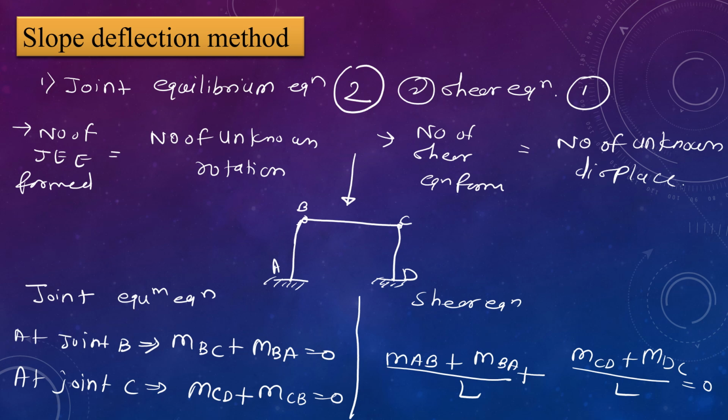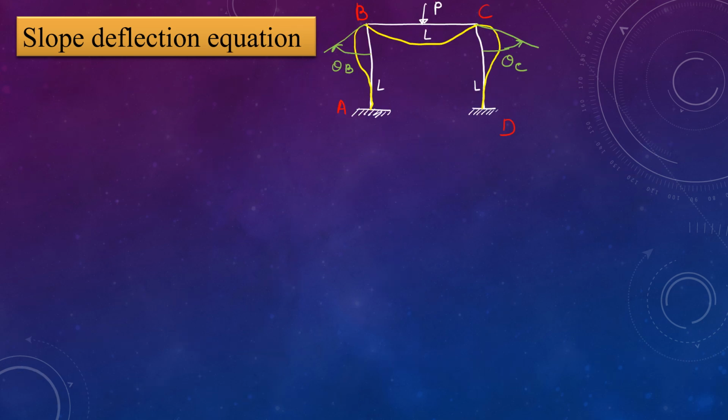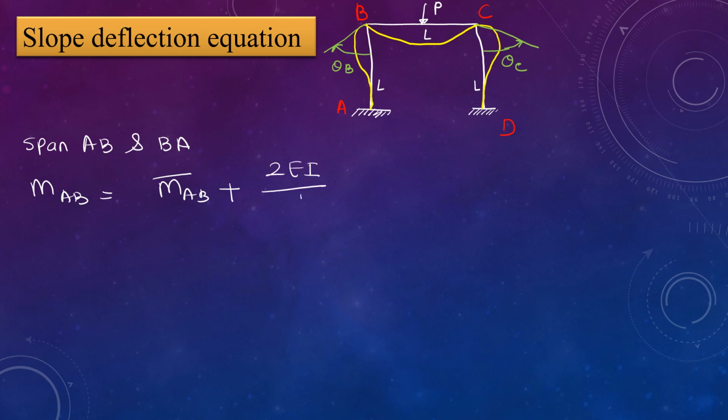Then next is the slope deflection equation. Here this is an example of a frame with fixed support at both ends and one point load P on the span. The slope deflection equation for span AB and BA is: MAB is equal to MAB bar plus 2EI divided by L into (2 theta A plus theta B).